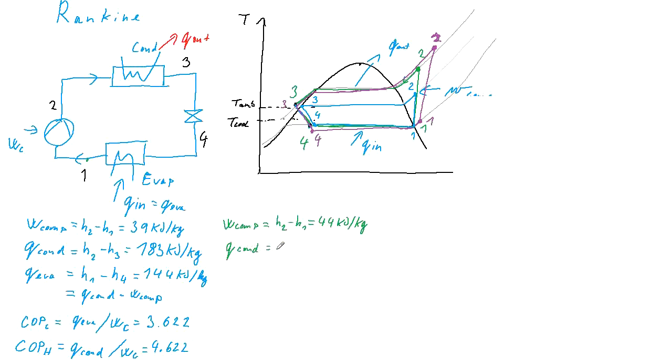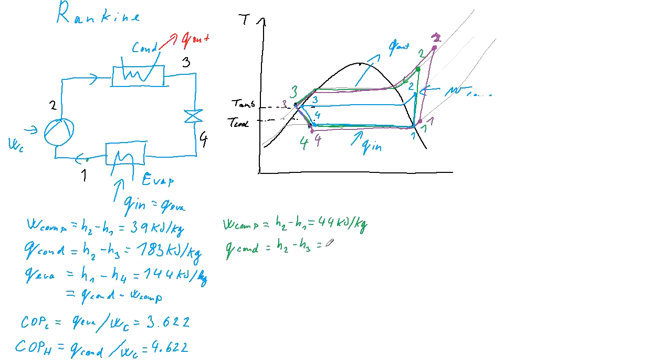Now the heat rejected in the condenser is enthalpy H2 minus H3, where H2 was a little bit different. H2 was 429, and H3 within the resolution of the pressure enthalpy diagram, it was basically the same value as for the cycle at the lower pressure, 241 kilojoules per kilogram.